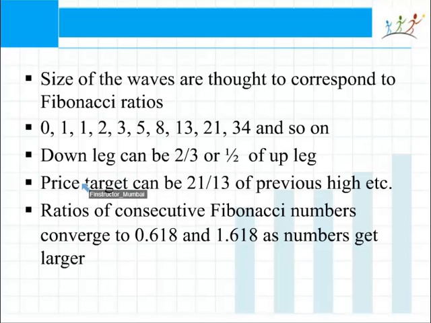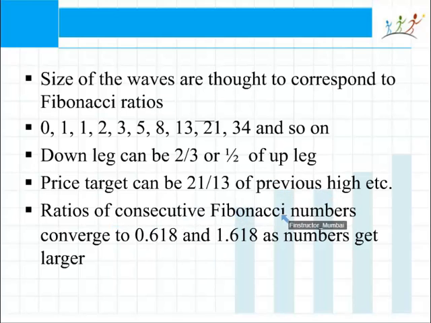Similarly, the up leg or the price target can be some ratio of the consecutive terms. So it could be 34/21, or 8/5, or 5/3, or 3/2 of the previous high or of the down leg, or any such ratio. So the Fibonacci ratios are used to predict the down moves or the up moves using the Elliott wave theory.